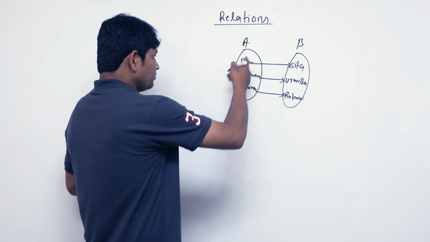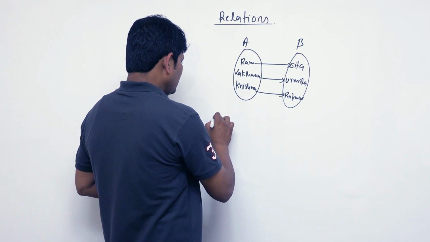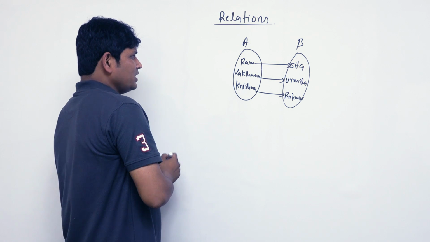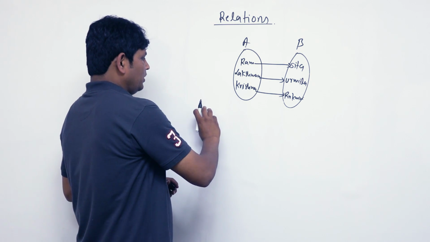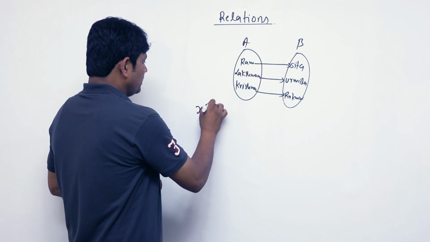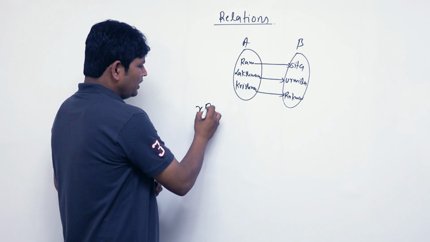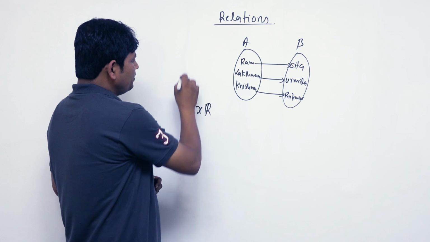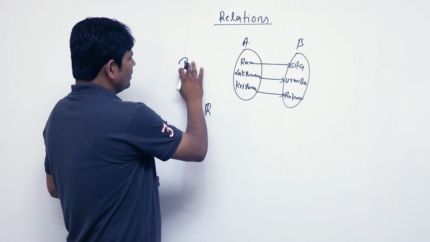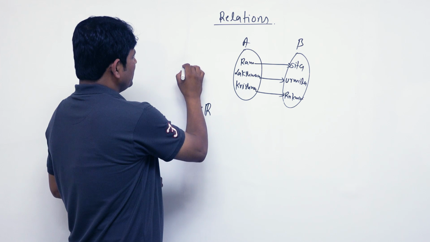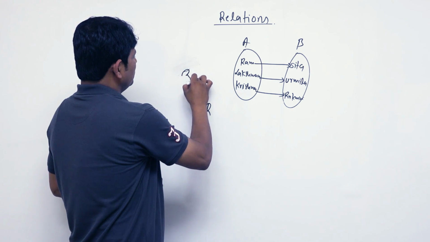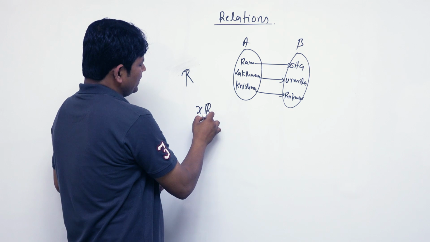So in the relation, A and B are related, and you can write it as a notation X related. If you are writing related, that is called script R. So script R we can also write in different ways like that, or like that.